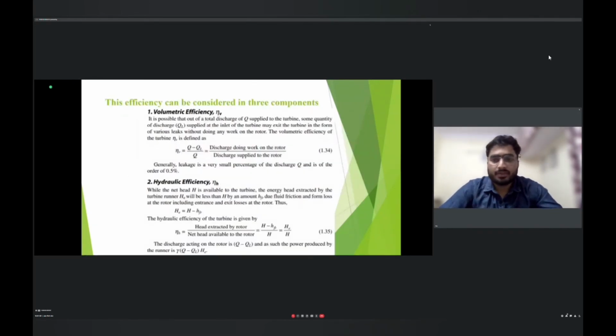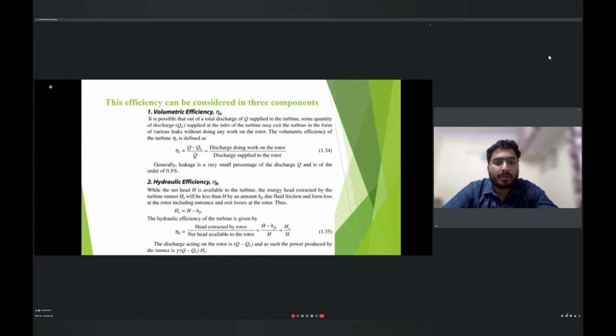The first one, volumetric efficiency. It is possible that out of a total discharge of Q supplied to the turbine, some quantity of discharge Q1 supplied at the inlet of the turbine may exit the turbine in the form of various leaks without doing any work on the rotor.